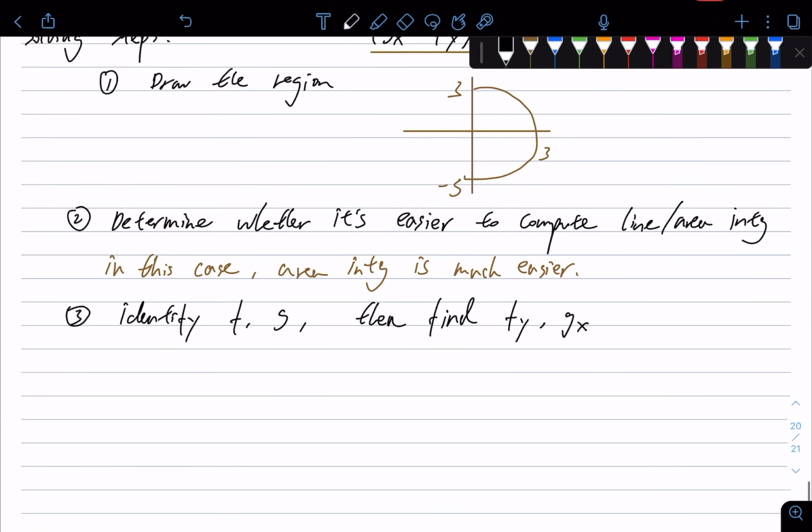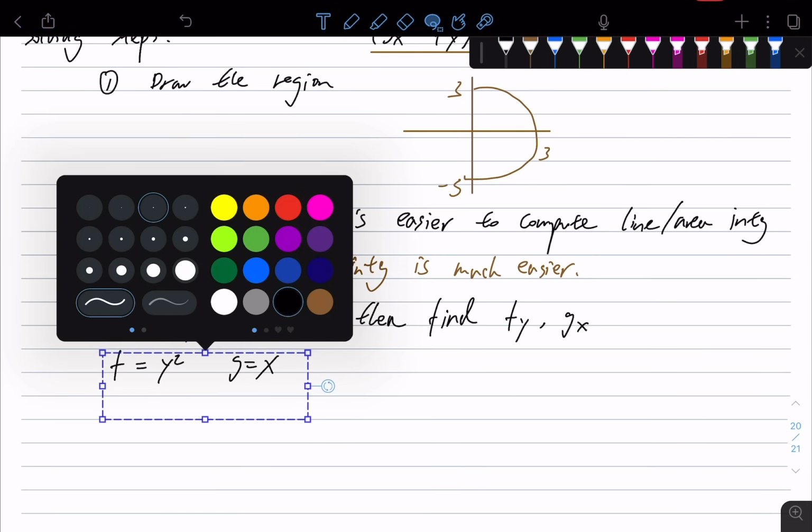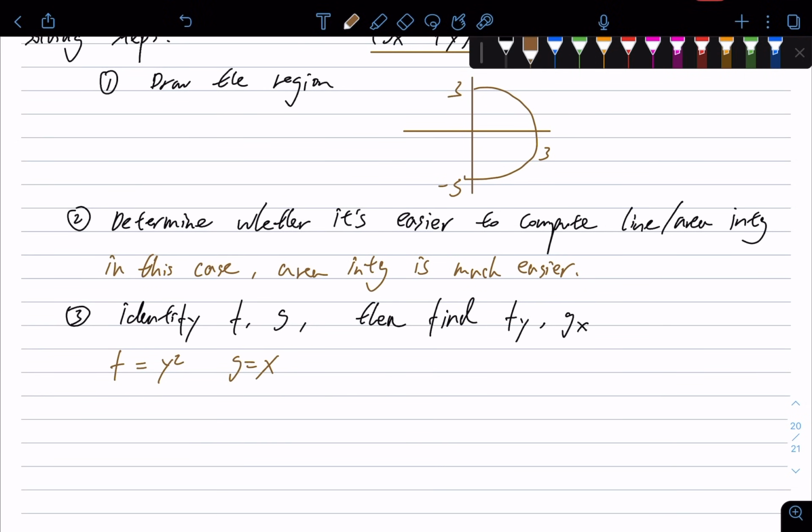So f equals y squared, g equals x, and this will give us fy equals 2y, gx equals 1.